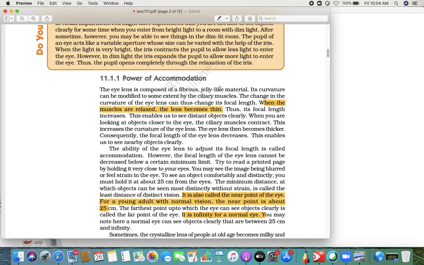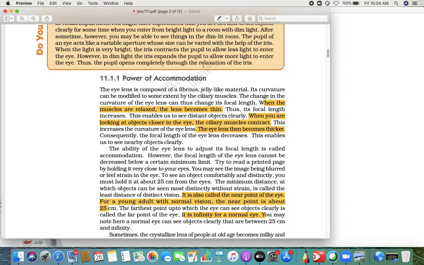So when the muscles are relaxed, the lens will become thin. And when you see near objects, your muscles will contract. At that time you have to stress, and the lens becomes thicker. Thus, what is the power of accommodation?